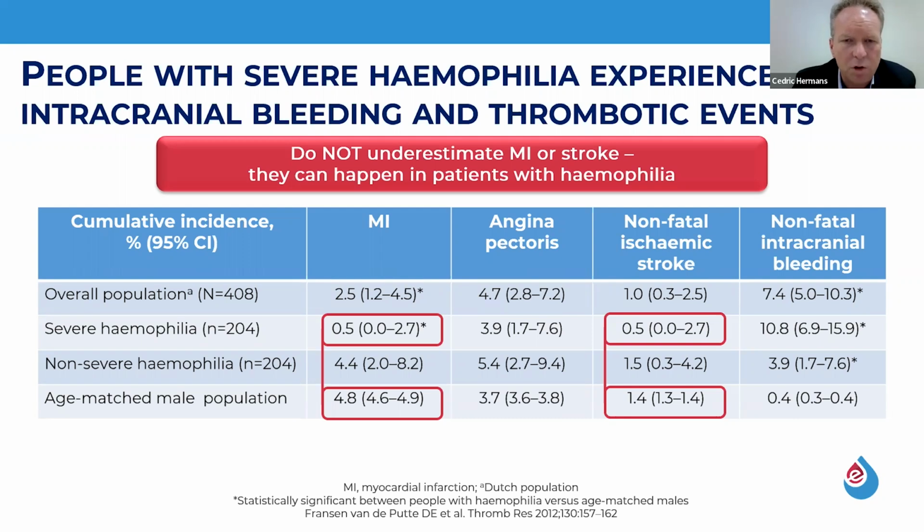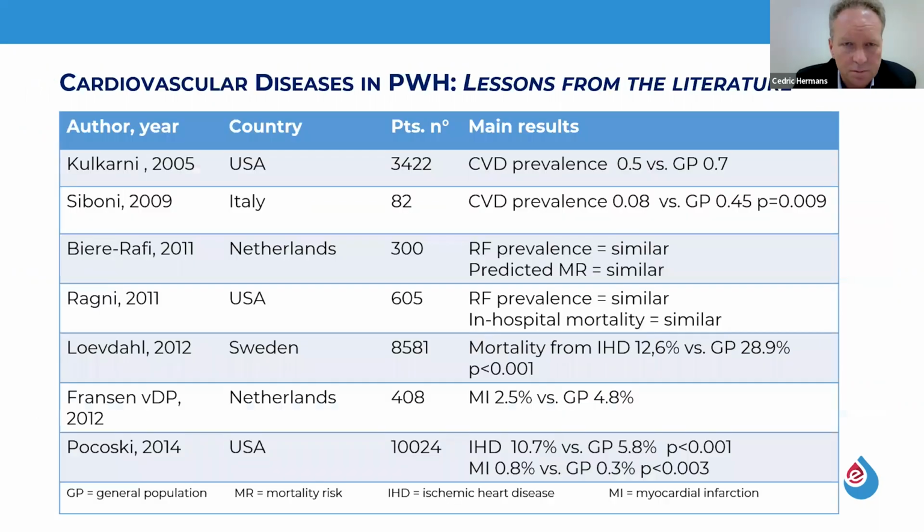Angina pectoris, no significant difference. And non-fatal ischemic stroke, again, you see that the risk is lower in patients with severe hemophilia compared to an age-matched population. We also know, and this is obvious, that our patients with hemophilia are at high risk of non-fatal intracranial bleeding, and more specifically, the severe patients are certainly at risk.